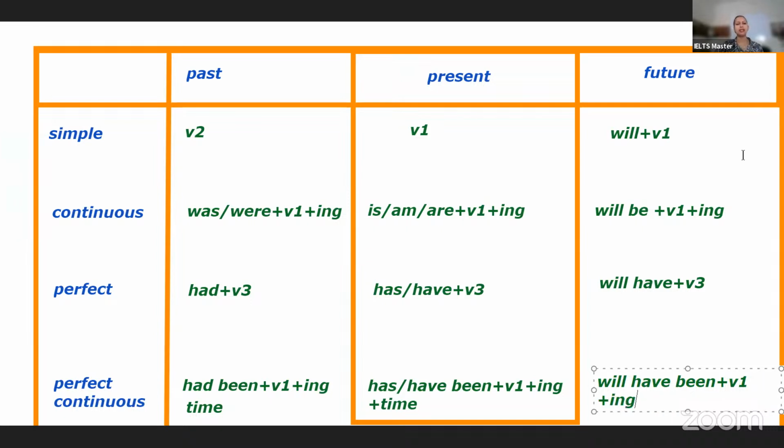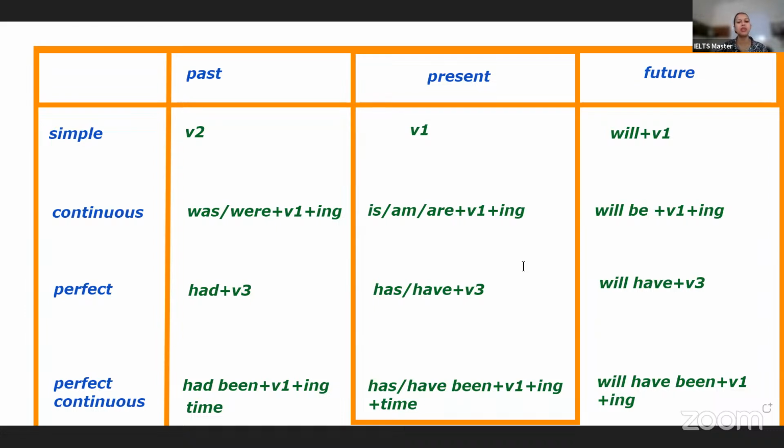I hope this part is clear to every one of you, right? In past simple, we use only V2. In past continuous, we use was, were, the be form, V1 plus ing that we call gerund. In past perfect, we use had, V3. In past perfect continuous, we use had been, gerund, with time.